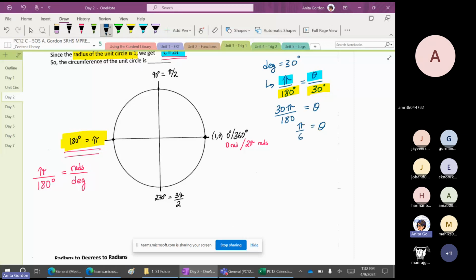Right? So this is the same as 30 degrees. So somewhere over here, where this is supposedly 30 degrees, this is now going to be pi by 6, a sixth of the pi. And we're going to do the same thing for all of our different angles.